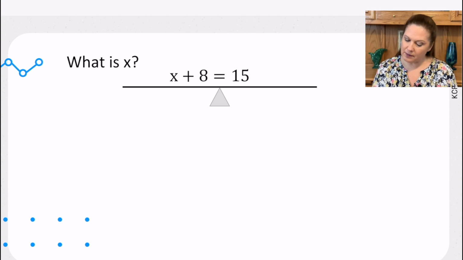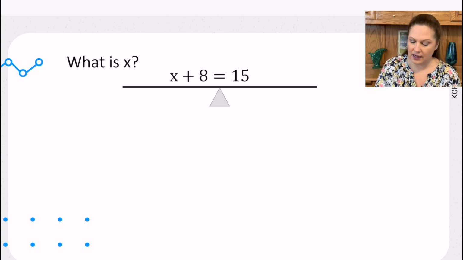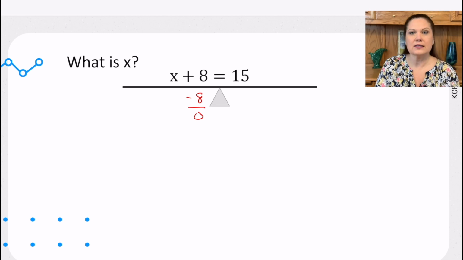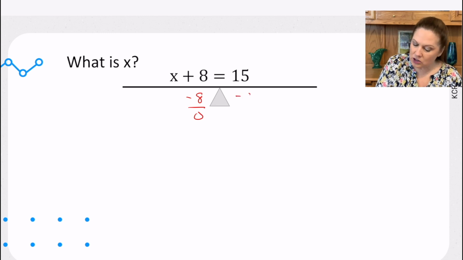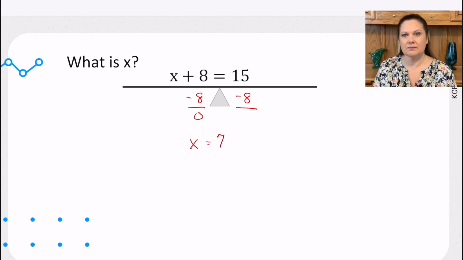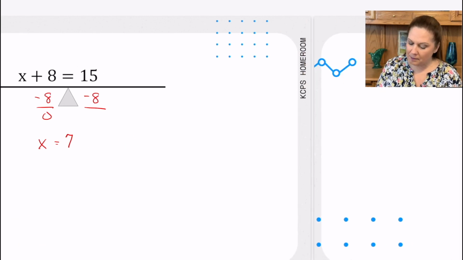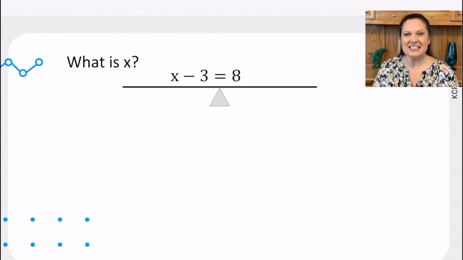So we're going to subtract 8 from both sides. When we do that, that creates what we know as a zero pair. And we're going to do the same thing on the other side. So X is going to be equal to 7. Hope that was a number you were thinking of, because that was easy.